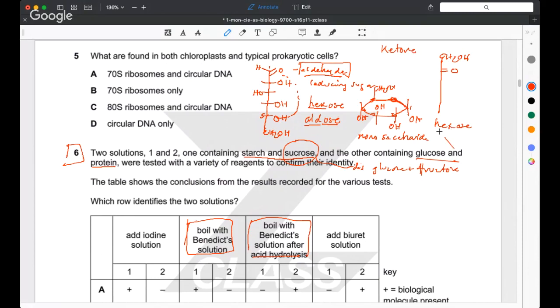So in addition to being a hexose, just as the glucose over here was a hexose, glucose was an aldose because it had an aldehyde group. Fructose is a ketose because it has one of these ketone groups. And then you've got alcohol groups on the way down.